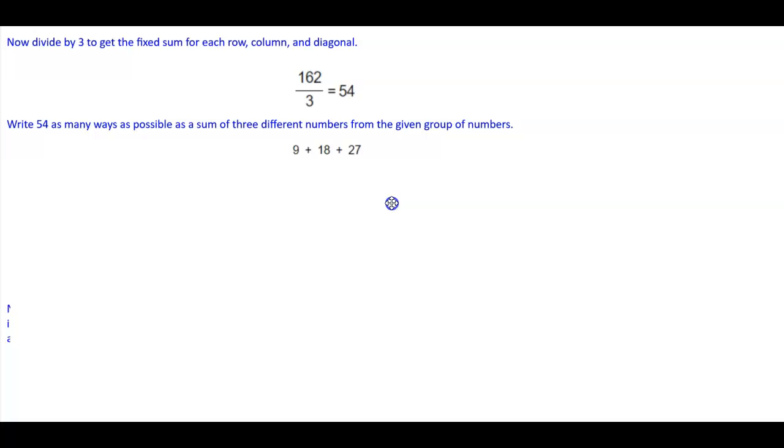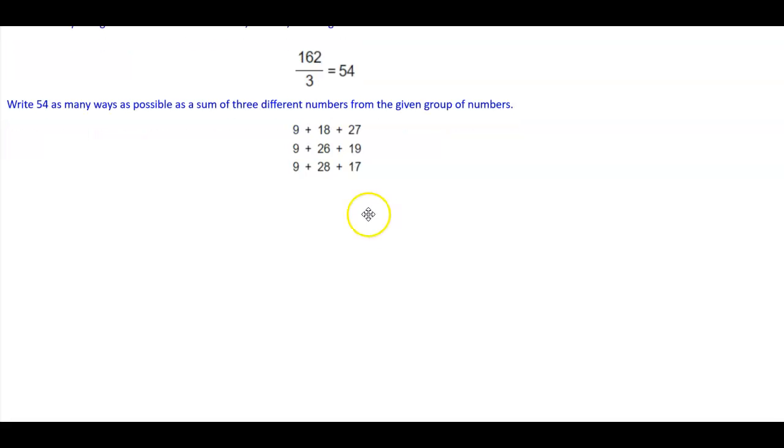So if we take 9 plus 18 plus 27, that gives us 54. 9 plus 26 plus 19 gives us 54. 9 plus 28 plus 17 gives us 54. 17 plus 10 plus 27 gives us 54. 19 plus 18 plus 17 gives us 54. 19 plus 8 plus 27 gives us 54. 26 plus 18 plus 10 gives us 54. 28 plus 18 plus 8 gives us 54.